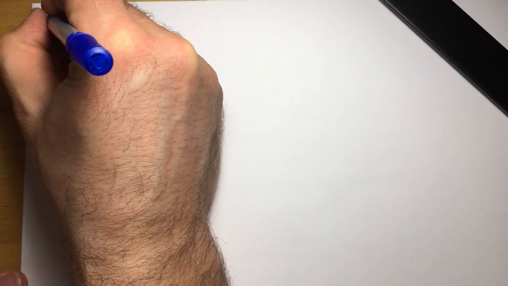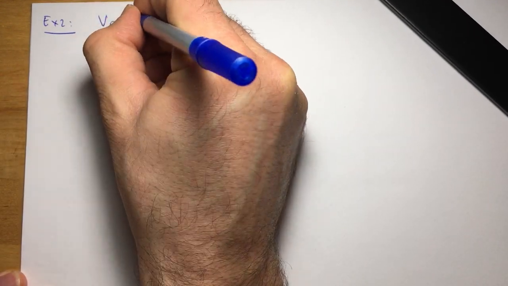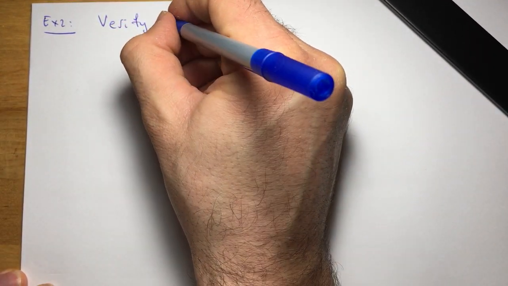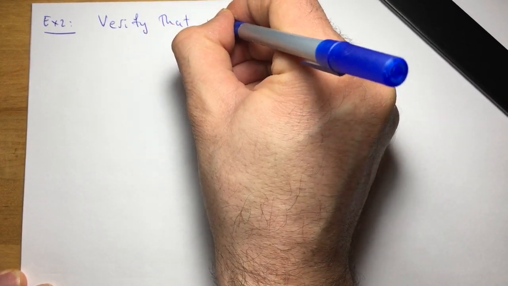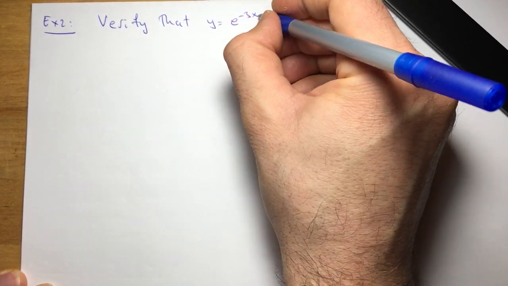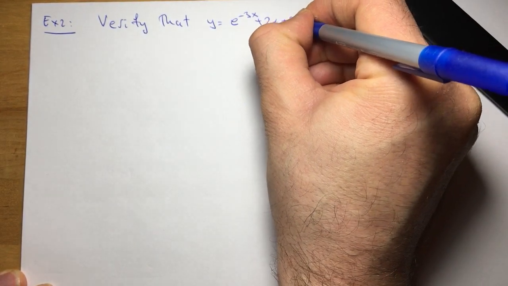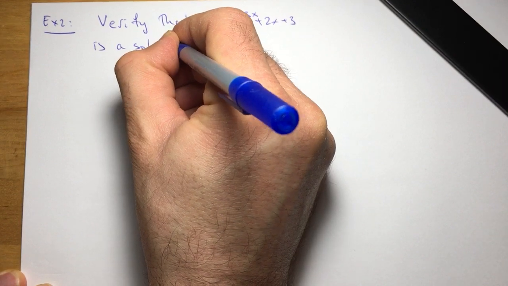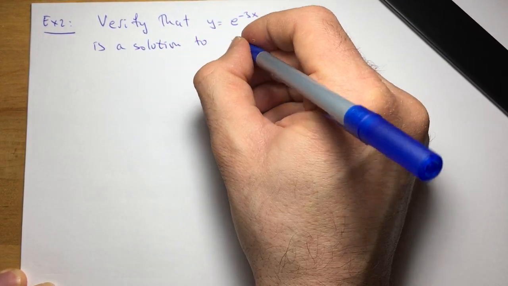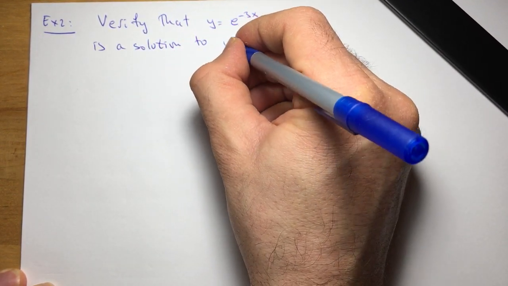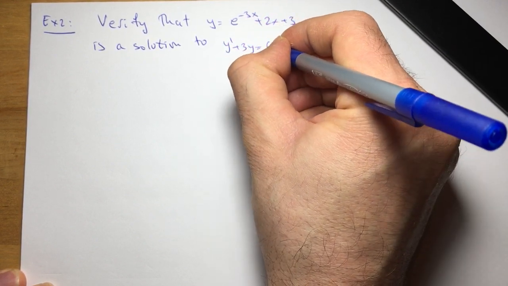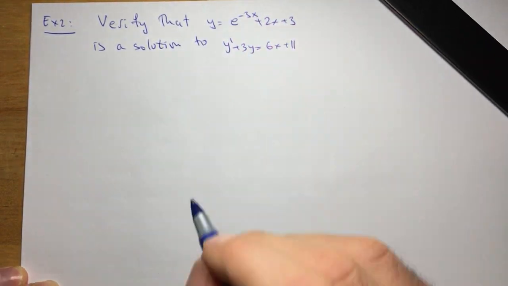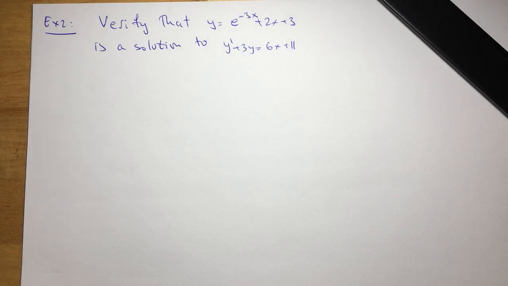So for example, example number 2, verify that y is equal to e to the power negative 3x plus 2x plus 3 is a solution to the differential equation y prime plus 3y is equal to 6x plus 11. And we have done problems like this in Cal 1, okay?